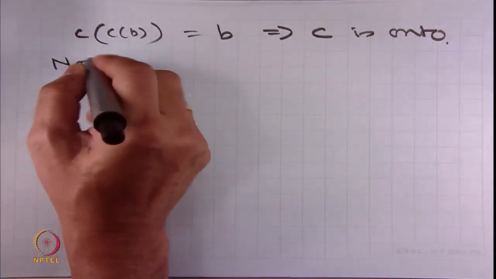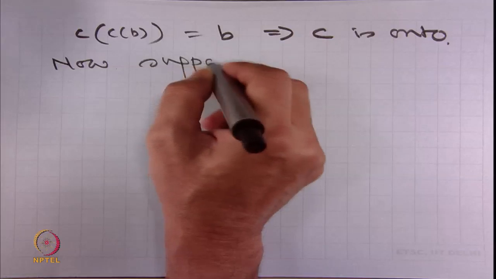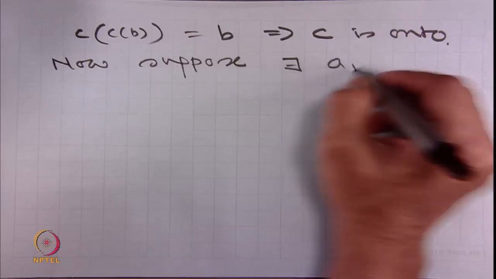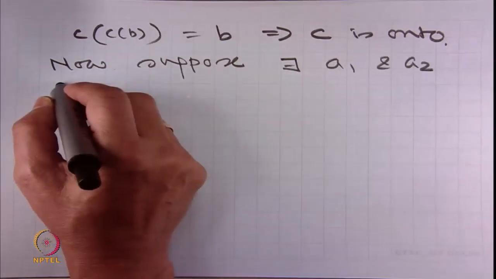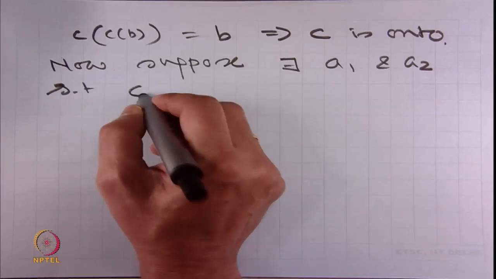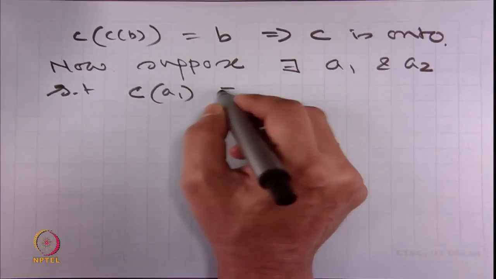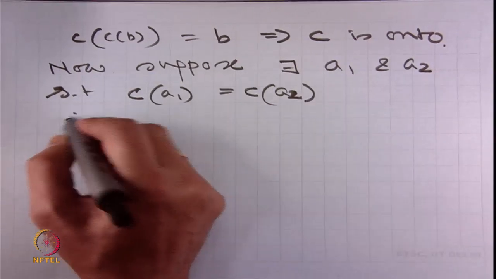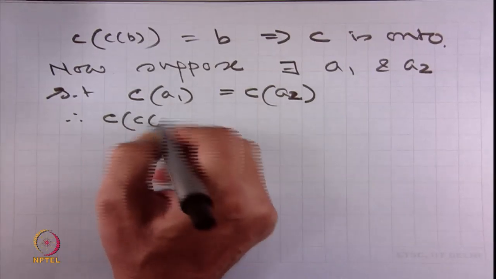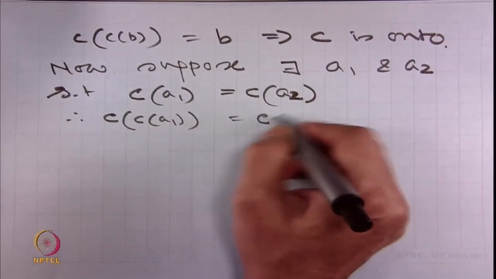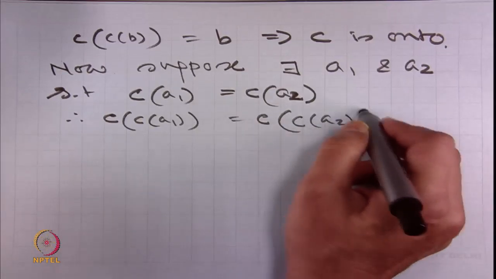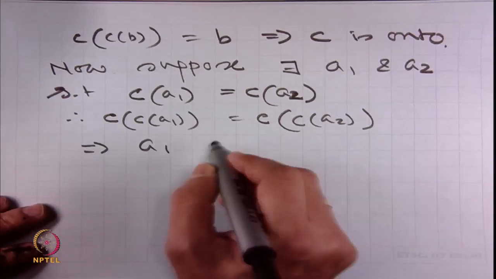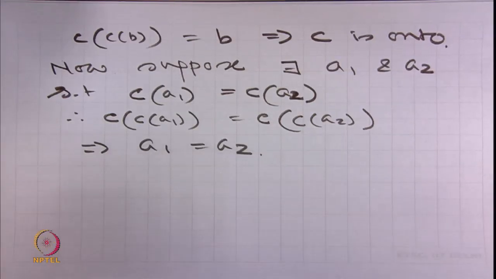Now, suppose there exist A 1 and A 2 such that C of A 1 is equal to C of A 2. Then by involution, A 1 is equal to A 2.